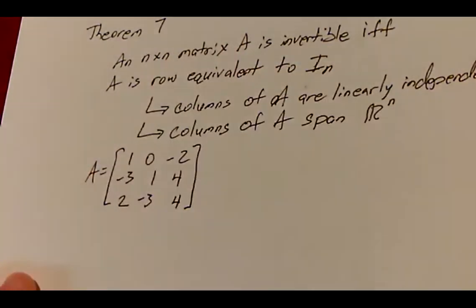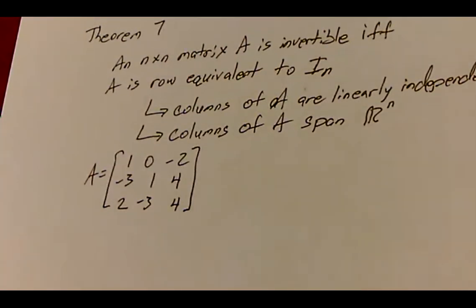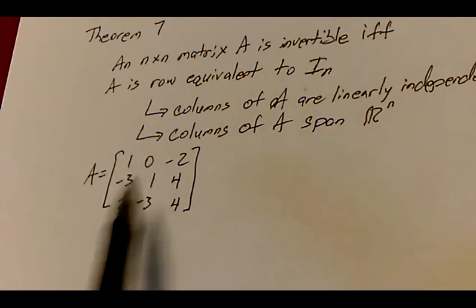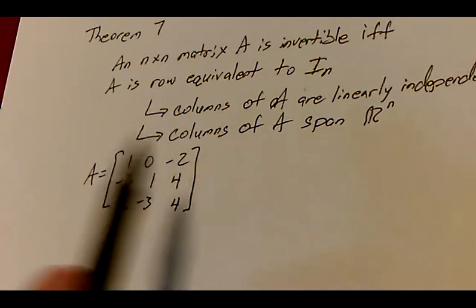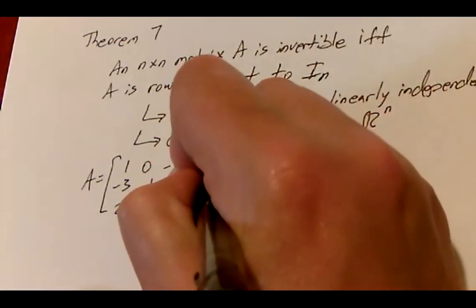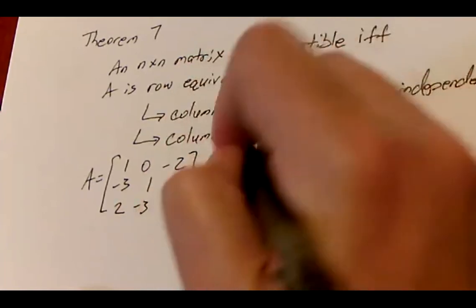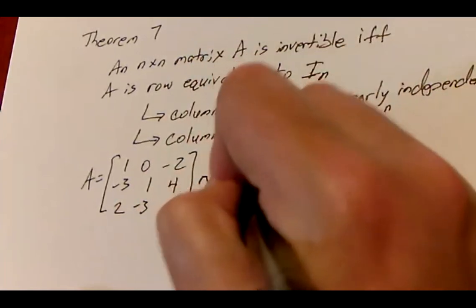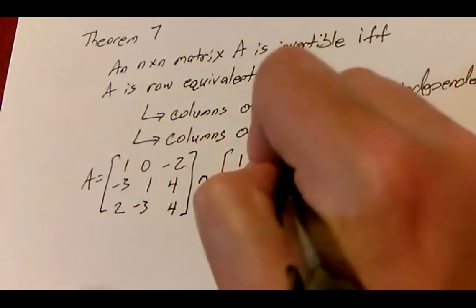Okay, now as I look at this matrix A, I'm not sure that it's linearly independent, but I feel like it probably is. There's no multiples here. Nothing adds up super easily. Okay, but we can always check, punch it in your calculator. I will tell you that this matrix is linearly independent. These columns are linearly independent.